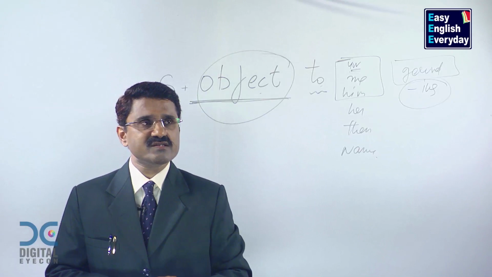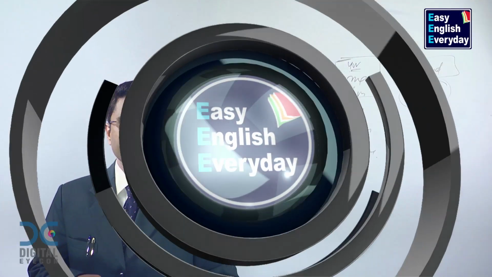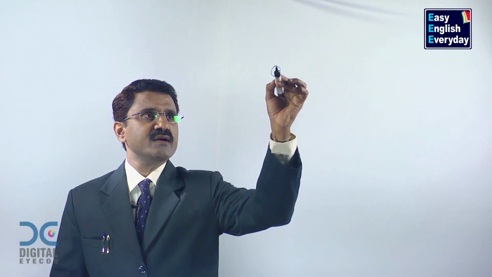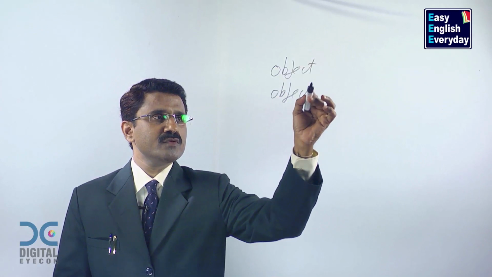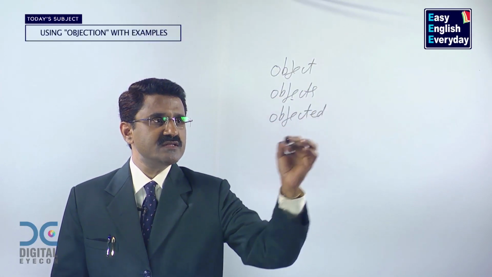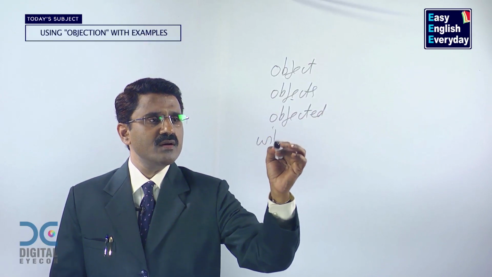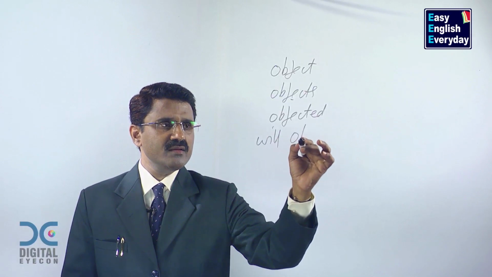Now let us discuss the same concept with some more examples in detail. Now look at these examples. First, let us write here object, objects, objected, or will, may, shall, should, must, any modal auxiliary object.